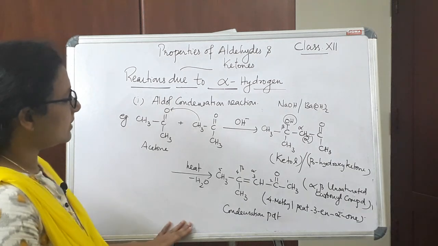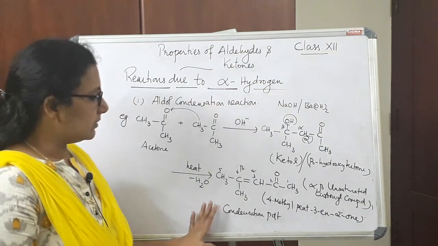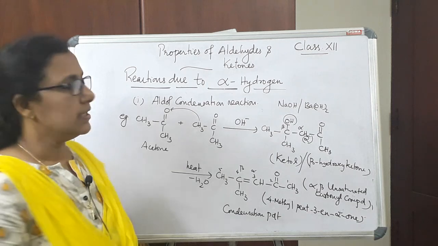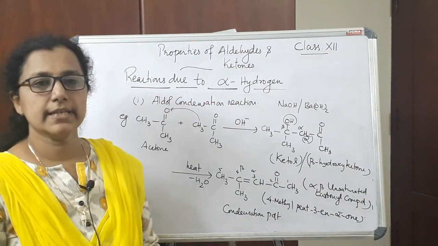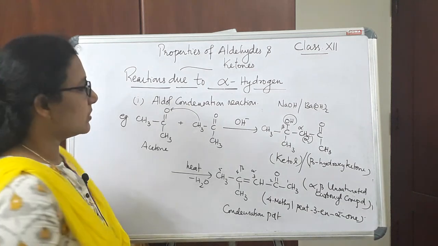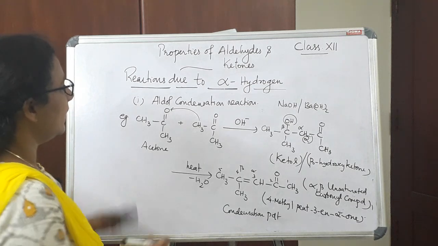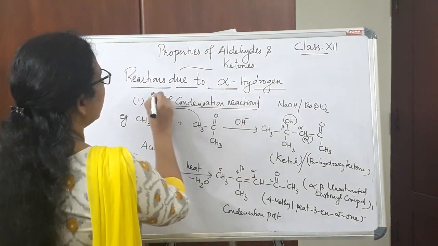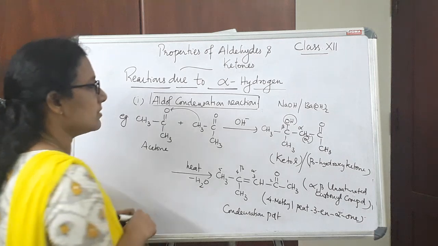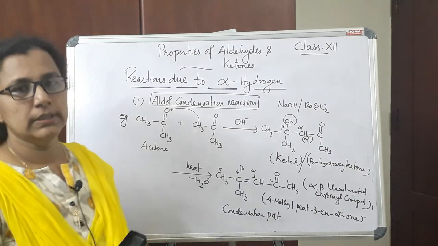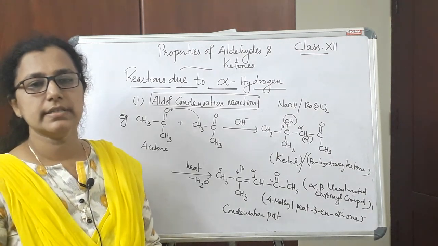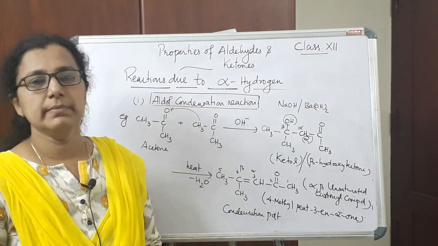In this case also we will say that this is aldol condensation reaction. In both the cases we can expect a similar reaction. So we will use the general name aldol condensation reaction in the case of aldehydes and ketones, as they are similar in nature.